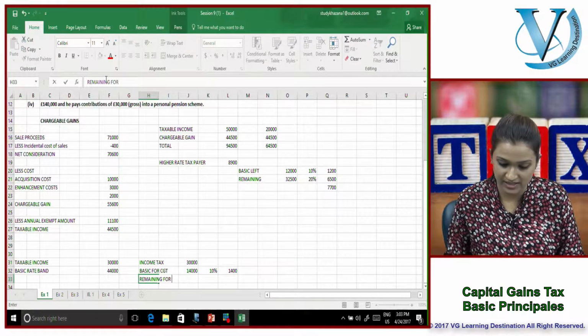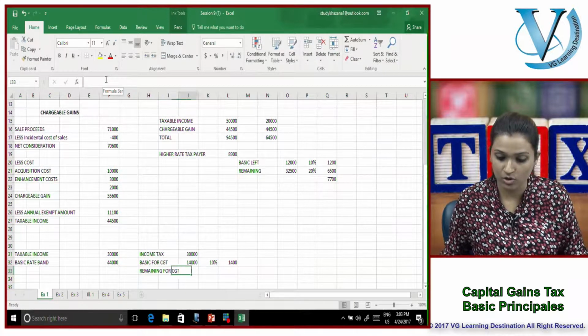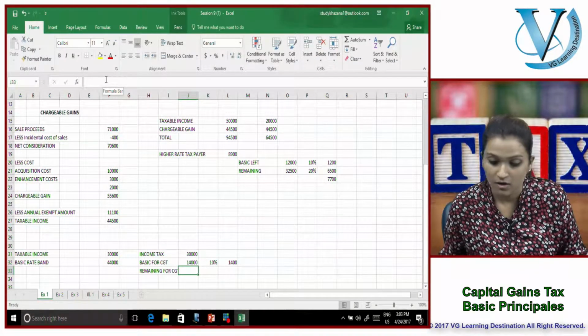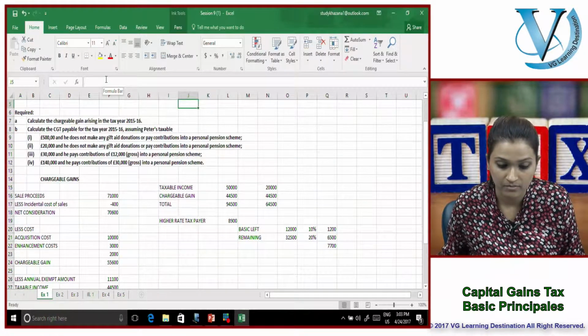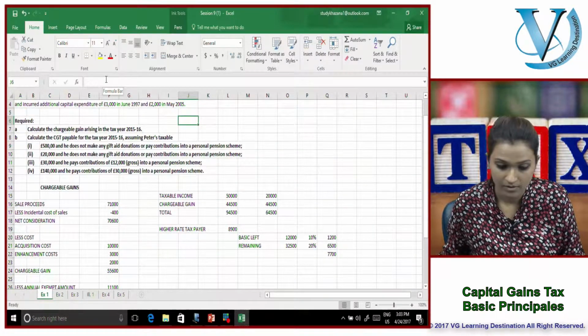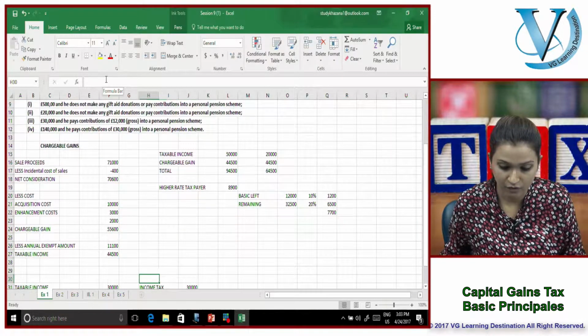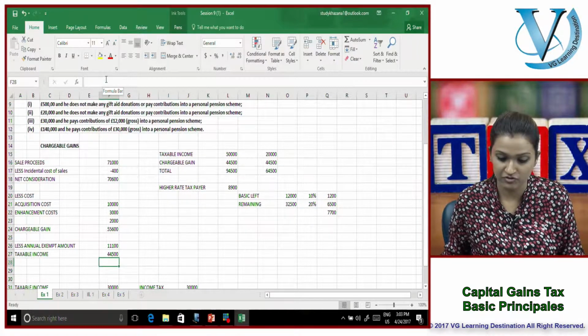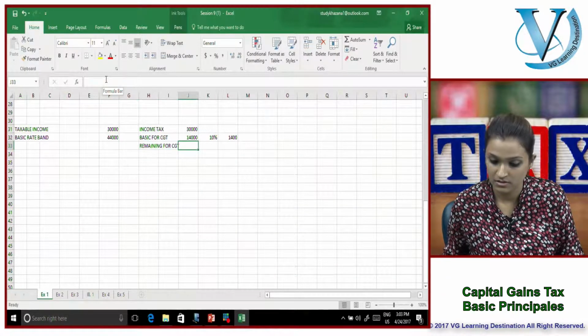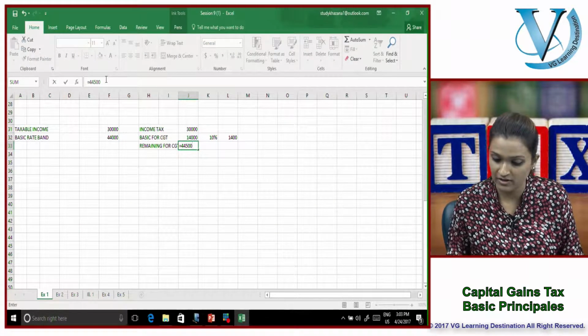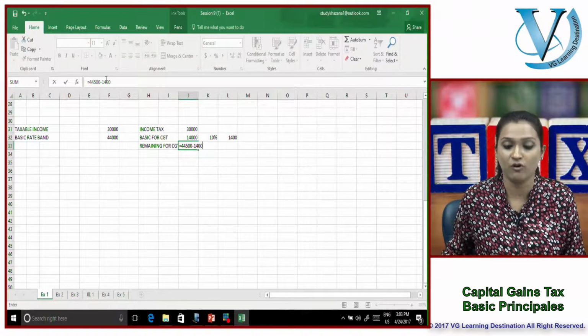What about your remaining? Remaining for CGT is how much? Out of the total was how much? Let me just get back to the question. How much was my total income? 44,500, right? So out of 44,500, I have paid basic rate for 14,000.